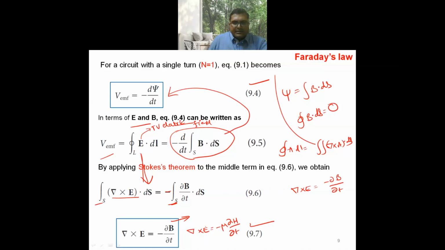Here the physical significance of this equation is, in an electromagnetic wave, both the electric field and the magnetic fields are present at a time. They are interlinked, and always in an electromagnetic wave, electric fields and magnetic fields are perpendicular to each other. Here del cross E is equal to minus dou B by dou t. It is one of the Maxwell's equations for time varying fields.